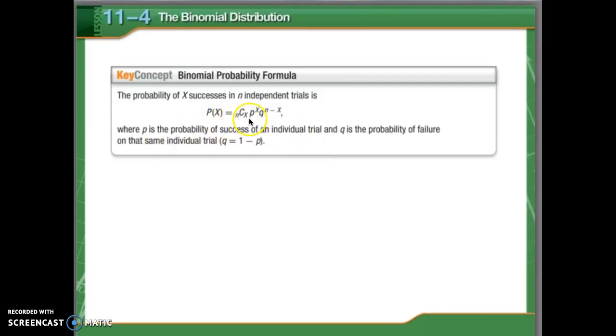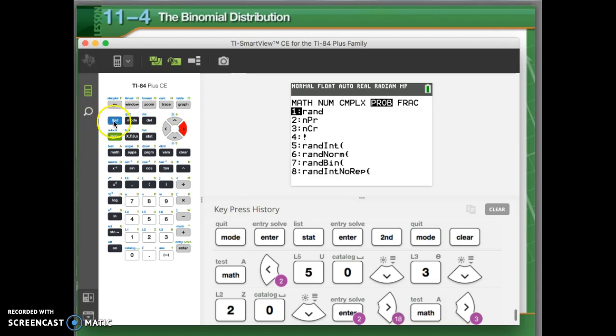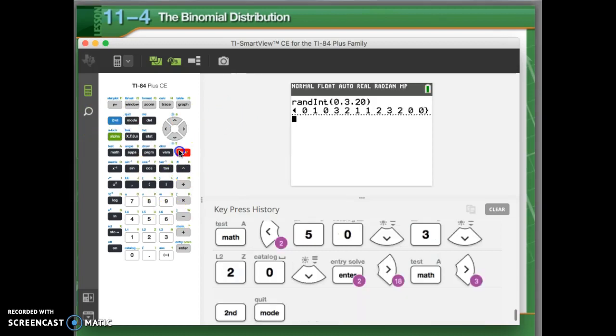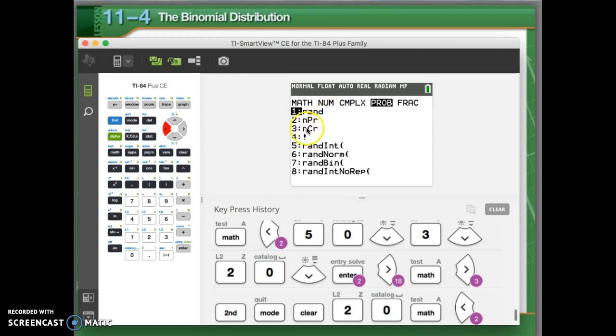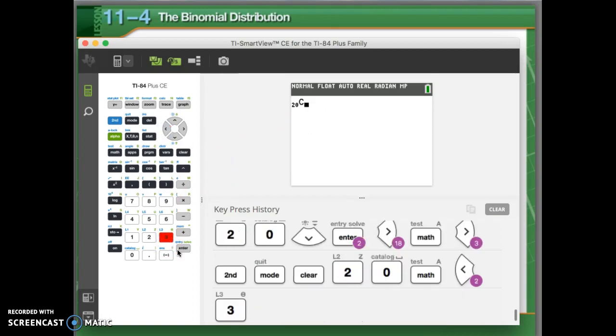They use NCX, but it's the same thing. When you use this, before you type it, if I wanted to do 20 combination 6, you have to type the 20 first. Then you go to the math probability menu, number 3, and then type 6. And it will tell you that that is 38,760.